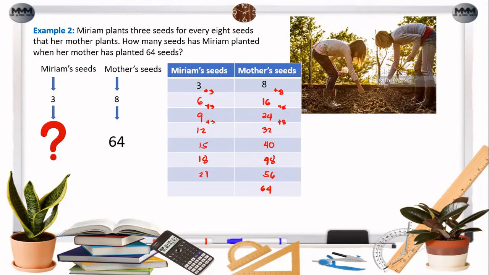Next is 21. And we have here 24. So in our fourth step, we have found out that when her mother plants 64 seeds, Miriam plants 24 seeds.